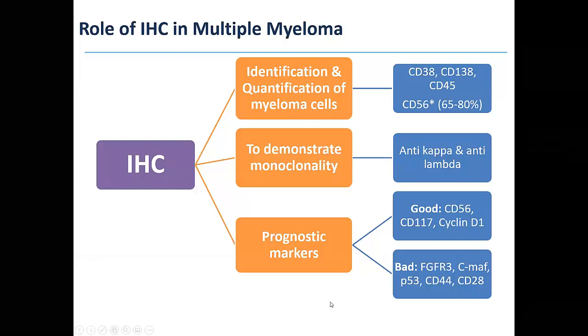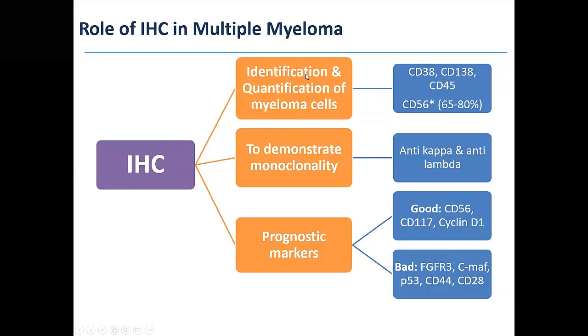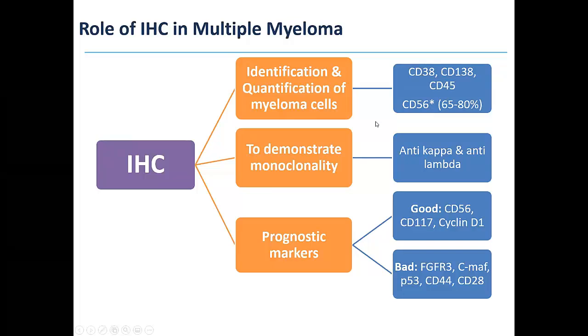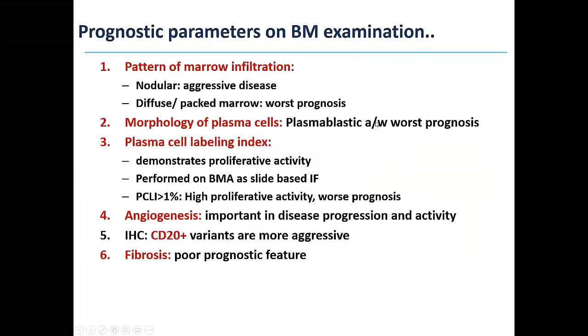So immunohistochemistry has a great role in diagnosis by showing us the clonality and sometimes quantification and identification of the myeloma cells. Sometimes we find that there is 100% cellularity of the bone marrow. You can't make out how many are plasma cells. There are erythroid cells, there are myeloid cells. So just do CD138 and it will give us an idea about the number of plasma cells.